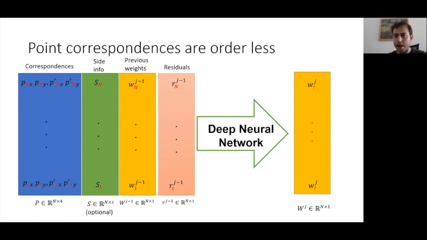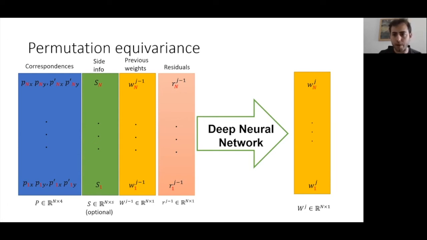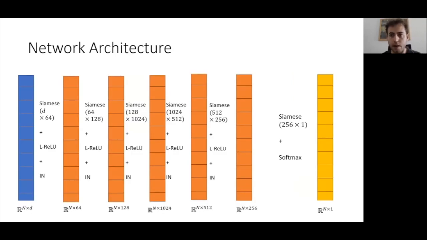Yes, exactly. If one is an outlier, I expect that I will get 0 now here. So I want to have the same permutation on the output as I have for the input, and this is called permutation equivariance. So they used the PointNet architecture, where each correspondence goes through the same Siamese linear layer.